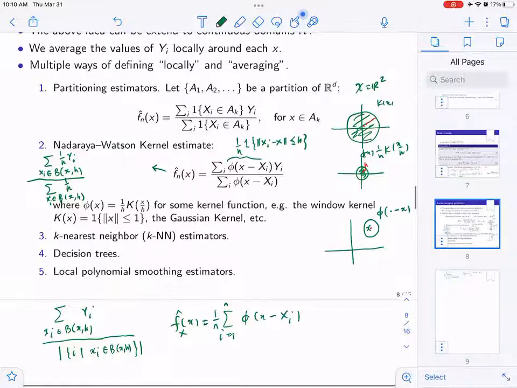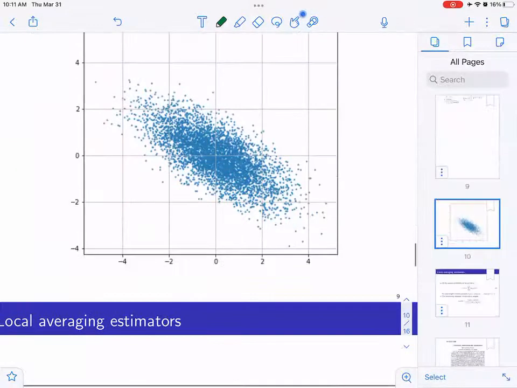So there's another class which is called local polynomial smoothing estimators. You can couple this with something like the kernel idea or the partitioning idea. Let's say in this case, if I want to couple this with that, instead of averaging, I might try to fit a higher degree polynomial here.